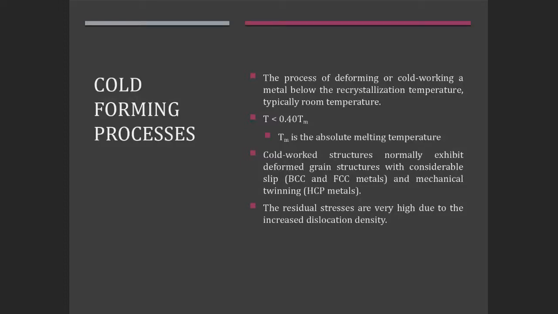Typically, you'll see deformed or elongated grain structures with a considerable amount of slip, which is normal to see in body-centered cubic or face-centered cubic metals, or mechanical twinning in HCP metals. The residual stresses in this case are going to be very high due to the amount of dislocations that have been introduced into the system, therefore increasing the dislocation density.